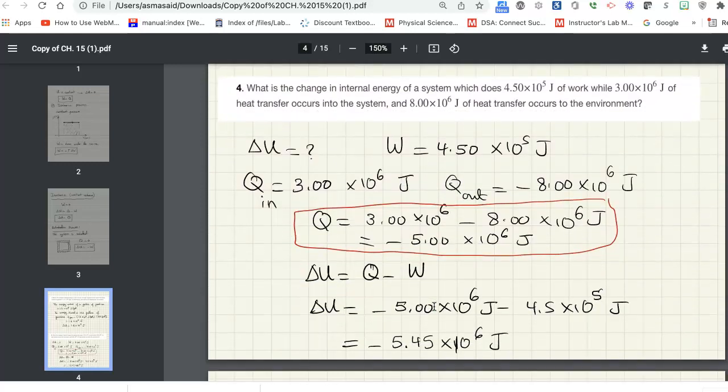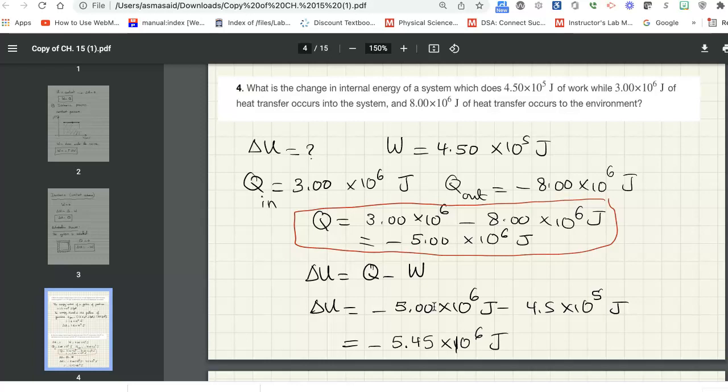Now, what is the change in internal energy of a system which does work? This is work done by the system, and therefore we are going to give it a plus 4.50 × 10^5 joules of work, while 3 × 10^6 joules of heat transfer occurs into the system.